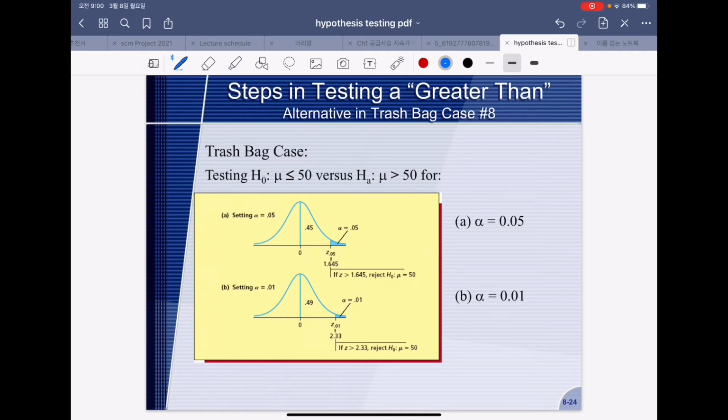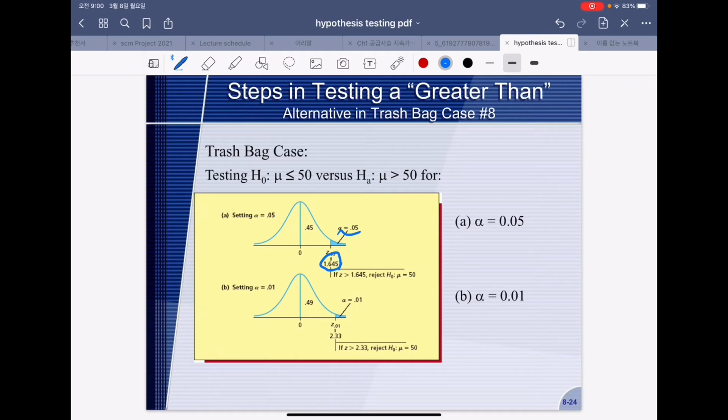If the test statistic is greater than this z value, which depends on the alpha level and comes from the standard normal table. If alpha is 0.05, the z value is 1.645. So if the test statistic is greater than 1.645, then you reject the hypothesis.